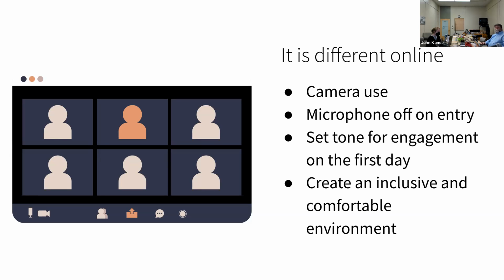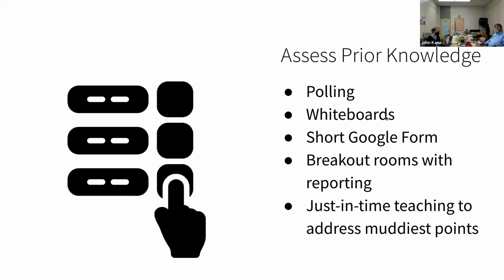And you want to make sure, especially at the beginning of class, that you set up an inclusive and comfortable environment and let students know you want to hear their voices, even if it's not necessarily the voice coming over the microphone or over the headphone constantly. Talk about ways in which they can engage with a class, and talk about other things you could do like whiteboards and so forth, and set the terms for that early on.